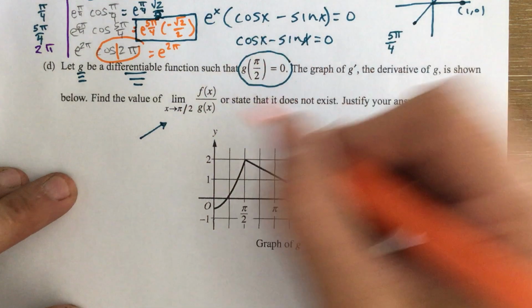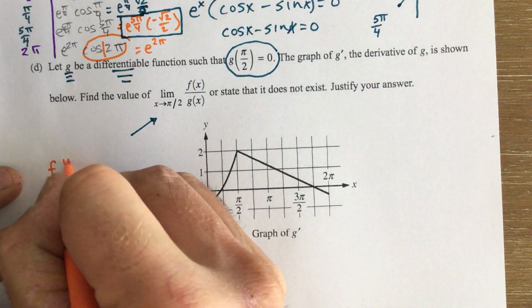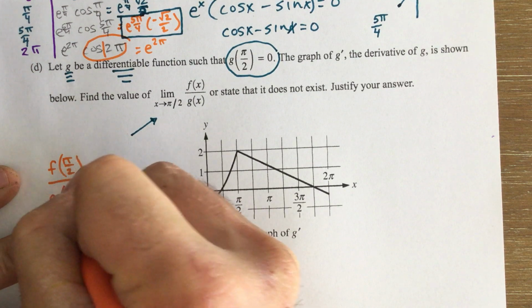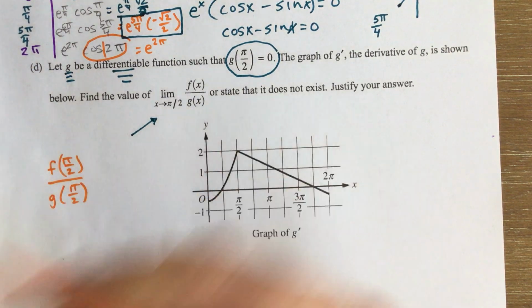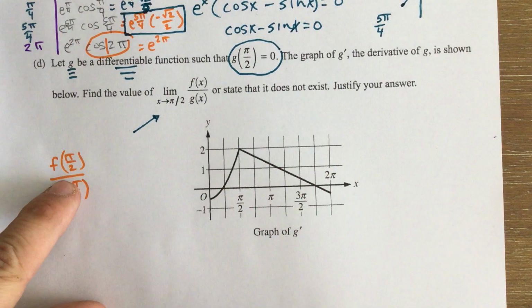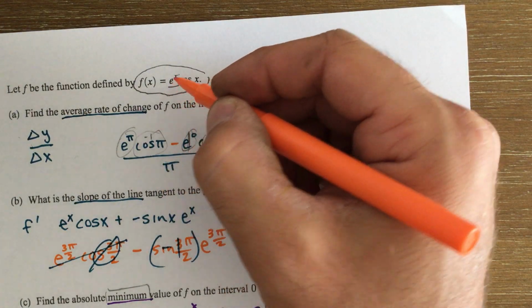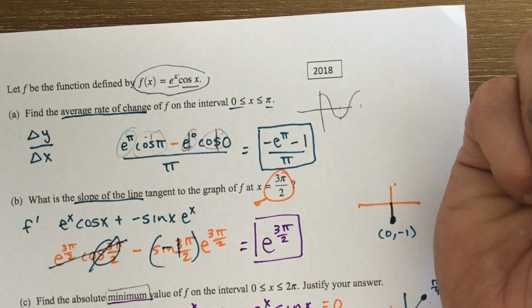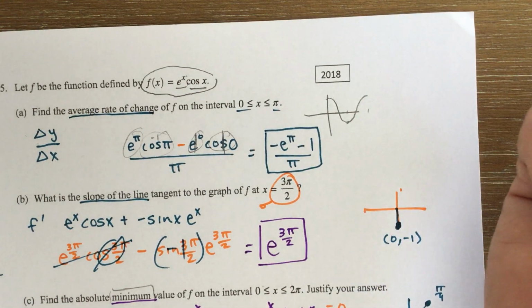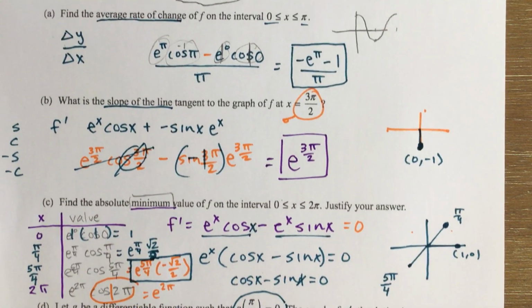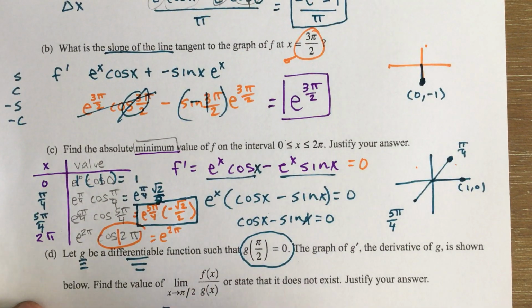I need to find f of pi over 2. Plug it in, see what happens. And also g of pi over 2. See if there is any issue at all. f of pi over 2, that's our original function, right up there. I'm going to go ahead and plug it in right now.